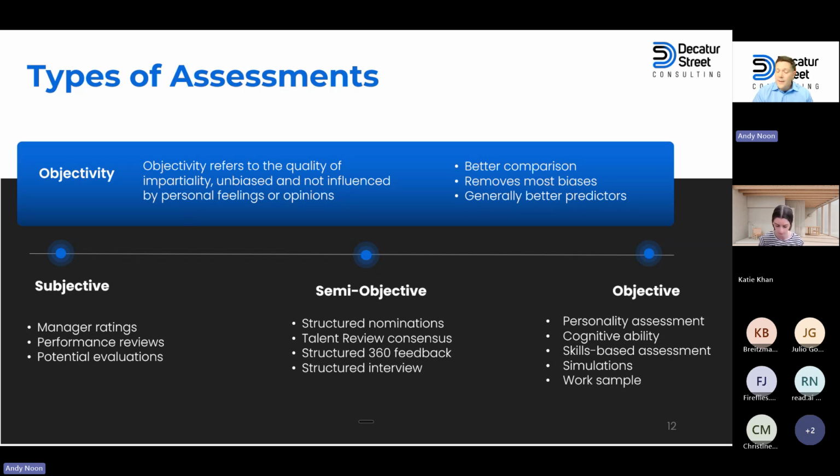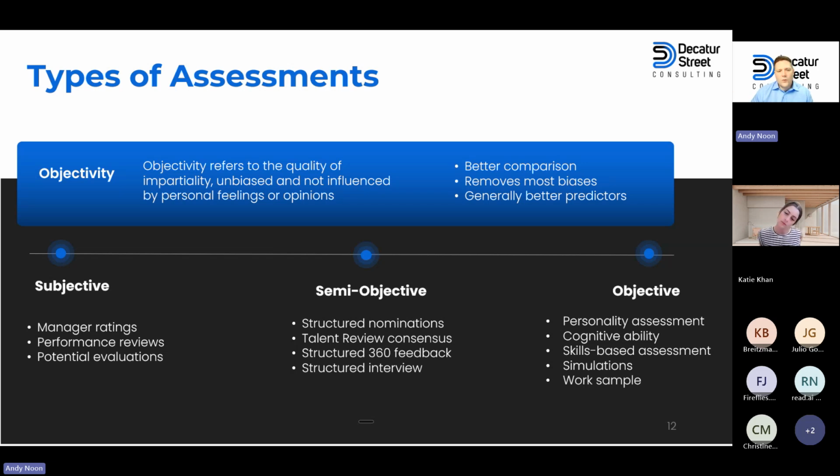Structured 360s, the structured aspect of this, and also the ability to put a report together that summarizes it, starts to get a little bit more objective, but it certainly has some subjective aspects to it. And then if you're doing structured interview 360s, that starts to give some more objectivity as well.